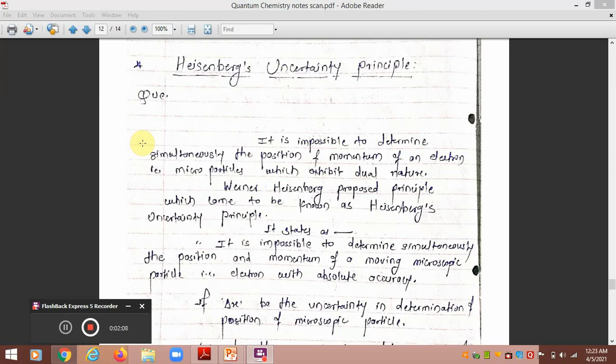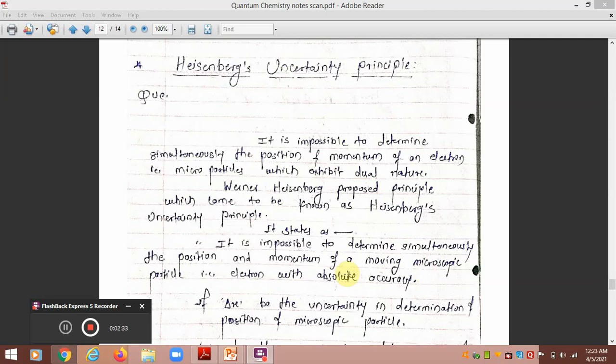So Werner Heisenberg proposed a principle which came to be known as the Heisenberg uncertainty principle, and according to him it is impossible to determine the position and the momentum of a moving microscopic particle like an electron with absolute accuracy simultaneously.